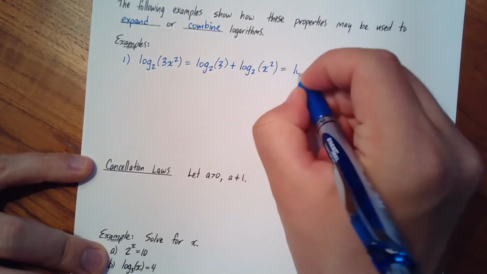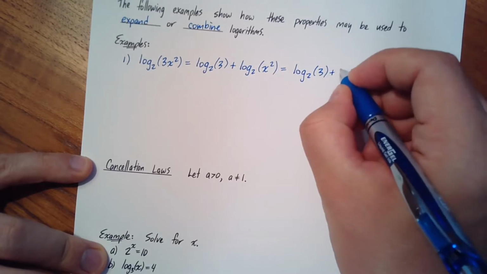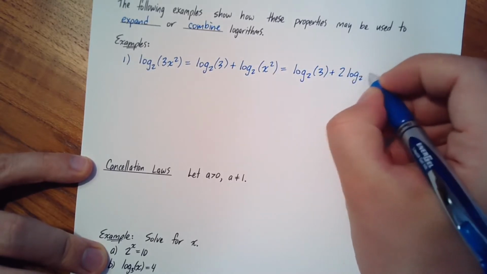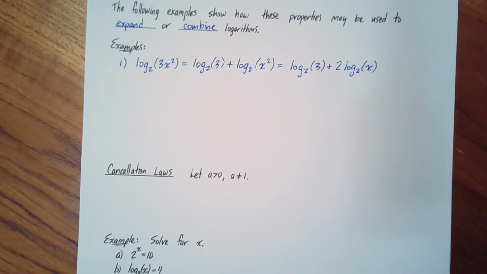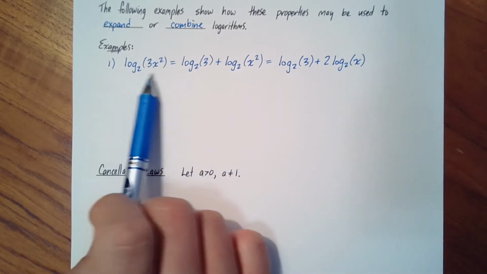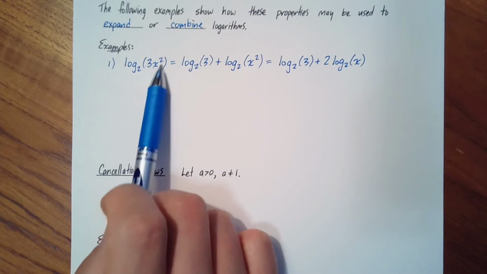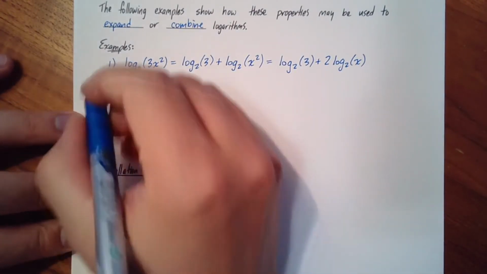I can write this as log base 2 of 3 plus 2 log base 2 of x. So that's completely expanded now. You've got an expression written in terms of several simple logs, rather than just one single log that happens to have a more complicated argument. So that's an example of expanding a log.